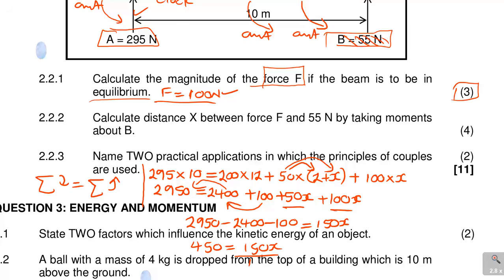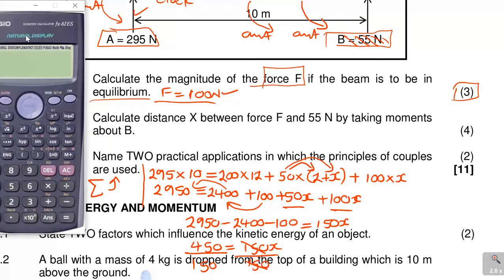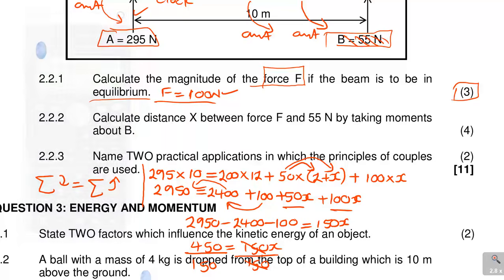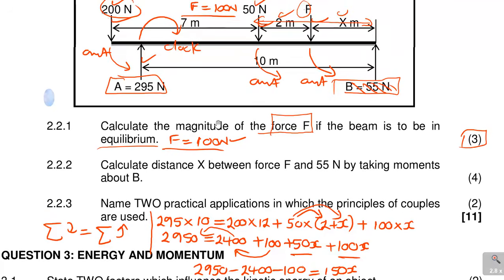Then divide by 150 so that we remain with x. 450 divided by 150 gives us 3. So you can see that x is equal to 3, and we're dealing with meters, so that distance that they wanted there was 3 meters.